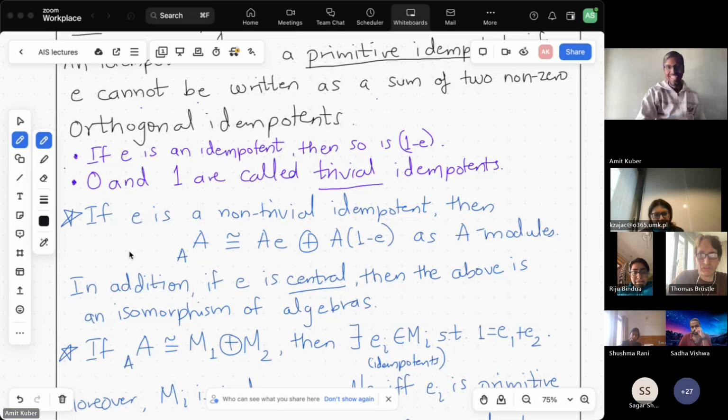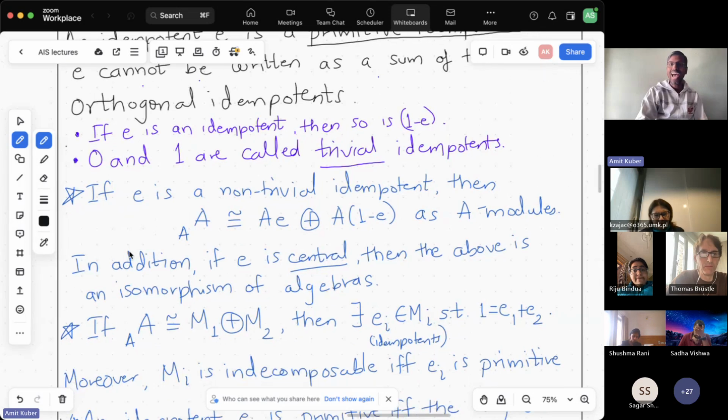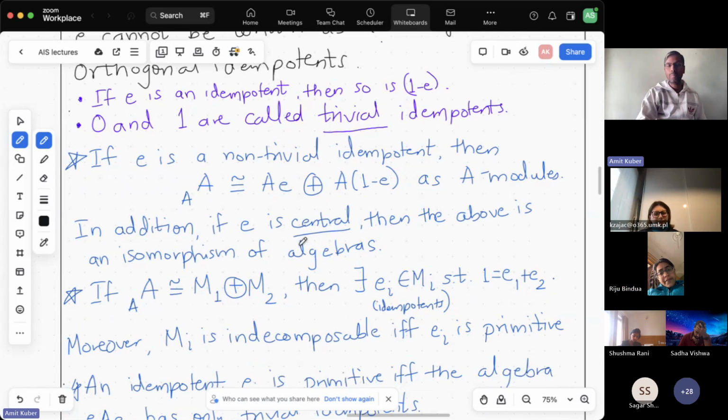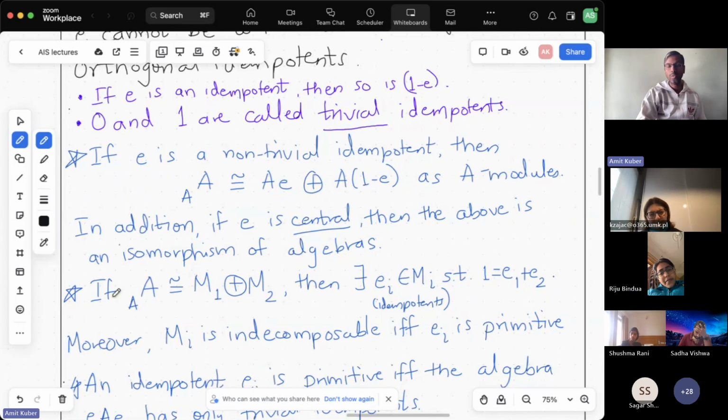Okay. So this one, as direct sums of modules, is what we are mainly interested in. In fact, if you can break a module as a direct sum of two modules, then you will get idempotents in each one of them, such that the unity can be written as the sum of those two idempotents. And M_i is indecomposable if and only if e_i is primitive.